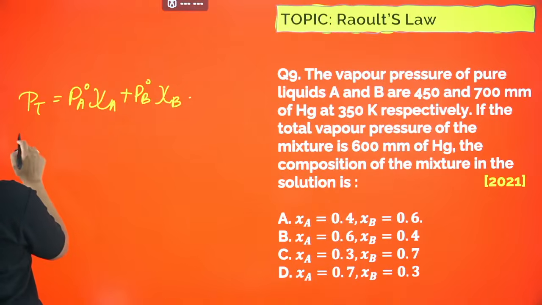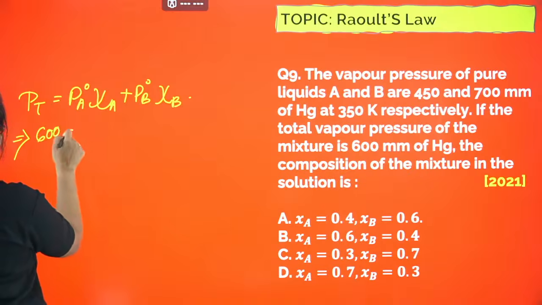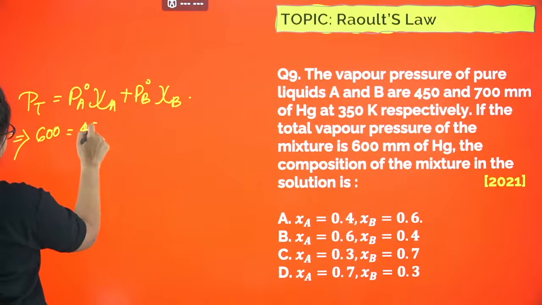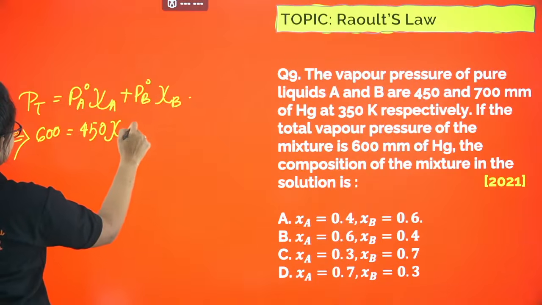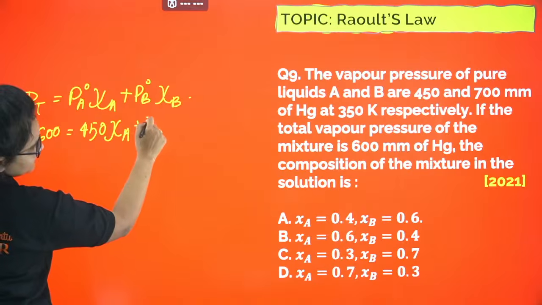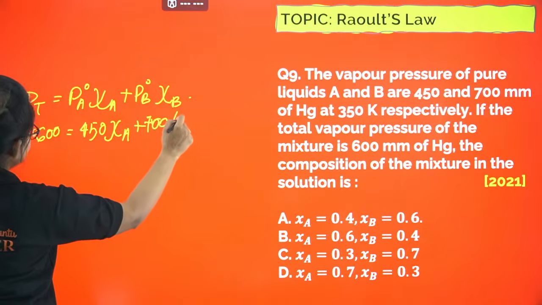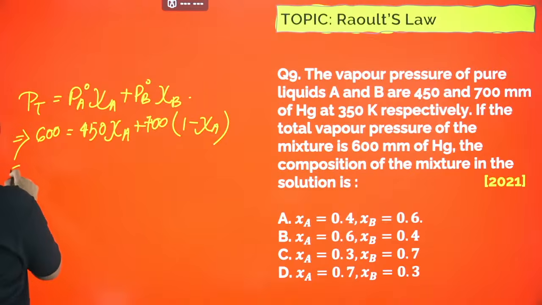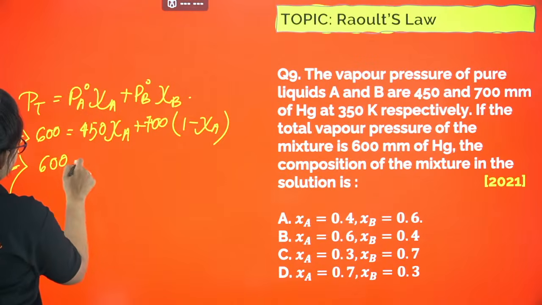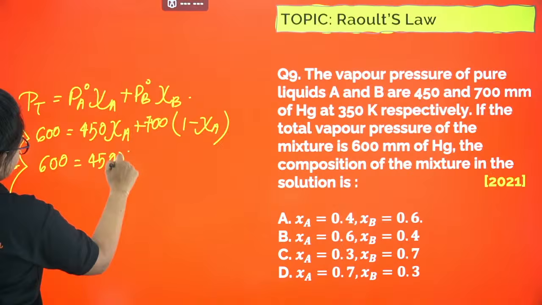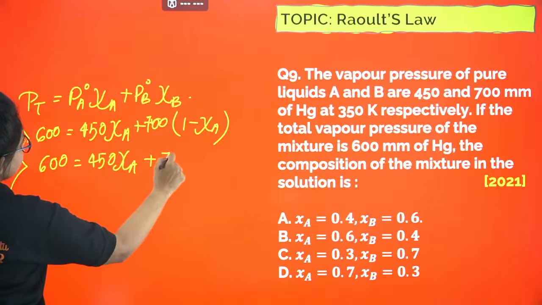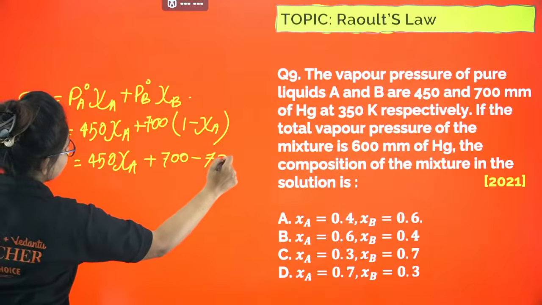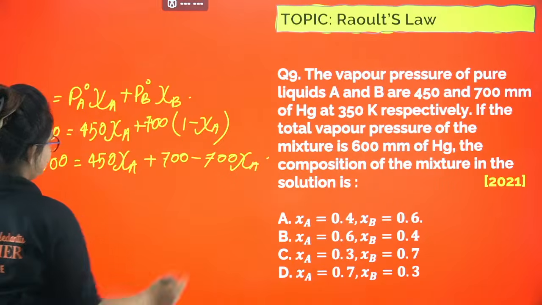Now from here we can put the value here, 600. This is given as 450 into XA plus PB0 is given as 700, and in place of XB we can write 1 minus XA. If you rearrange a little, it will come to 600 equals 450 XA plus 700 minus 700 XA, right?